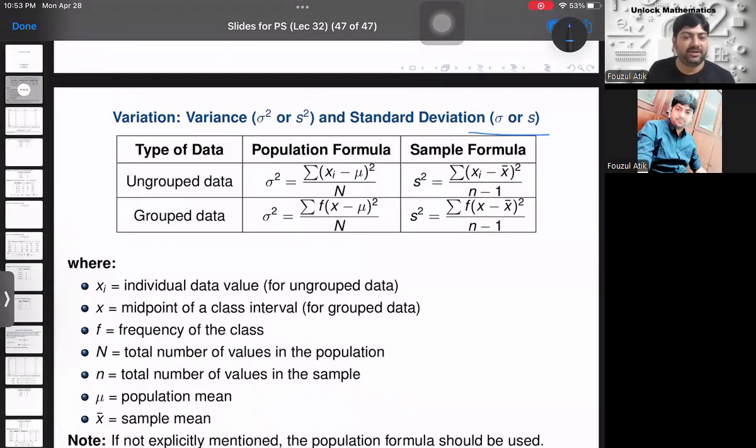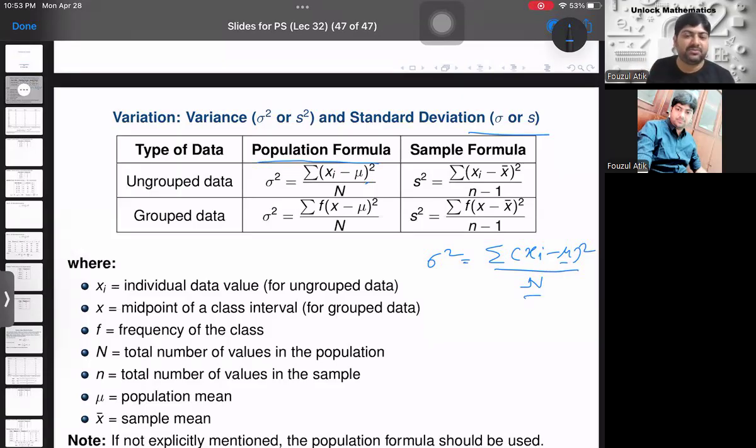For ungrouped data, what is the variance formula? For a population, sigma square equals the summation of xi minus mu whole square, divided by n. Here mu is the mean value, xi is the individual value, and n is the number of data.